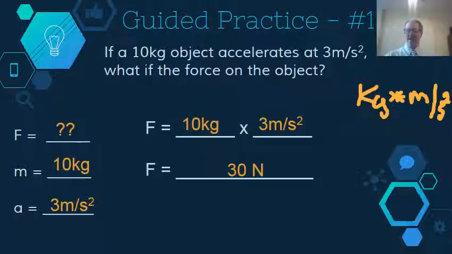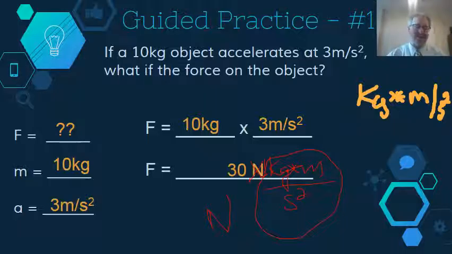So instead of putting N here, we could put kg times m divided by s squared, but that's a whole lot of writing stuff. We can just represent this unit as being N, Newton. It's named after Isaac Newton. So it's just a little easier to write.